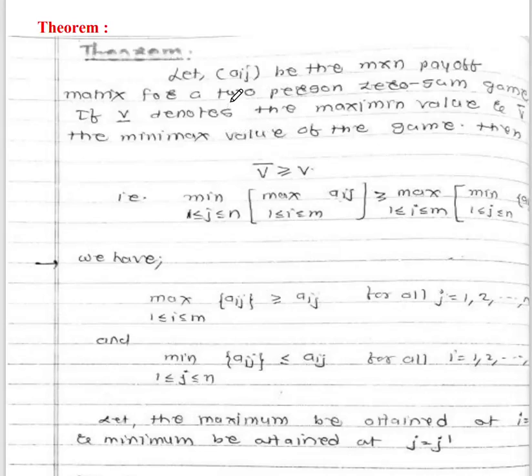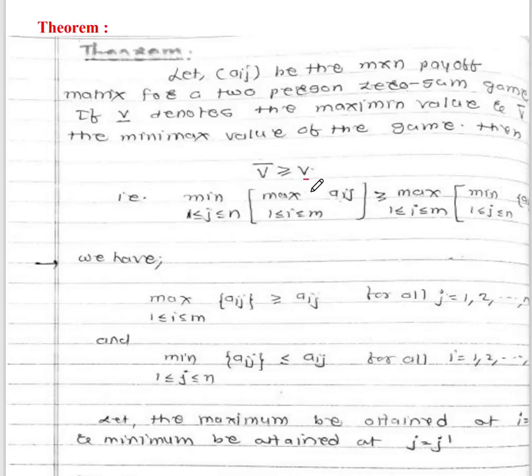Let Aij be the m cross n payoff matrix for a two-person zero-sum game. If lower v bar denotes the maximin value and upper v bar denotes the minimax value of the game, then we have to prove that upper v bar is greater than or equal to lower v bar.